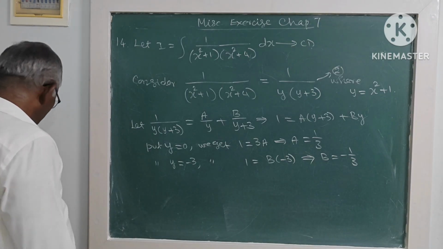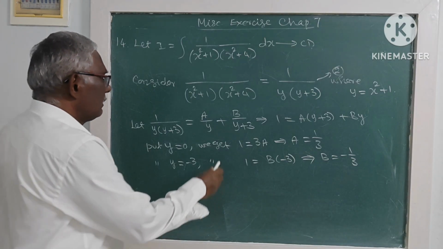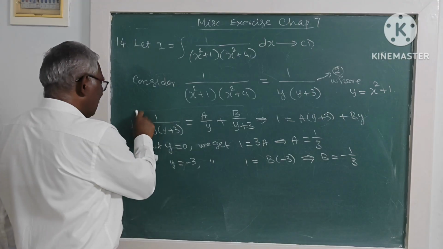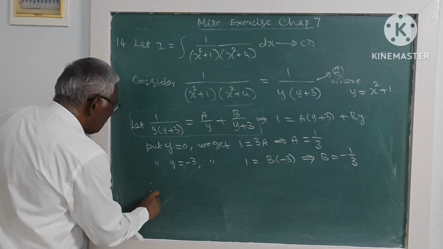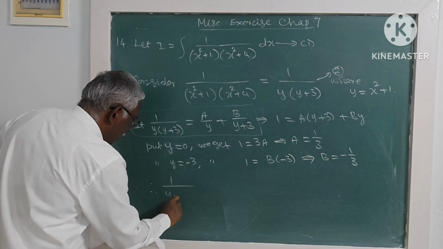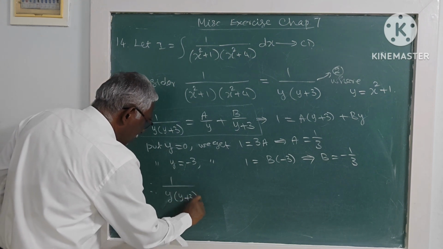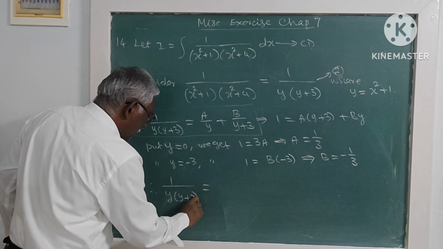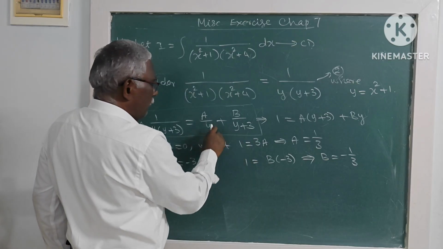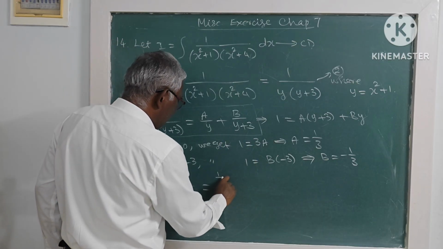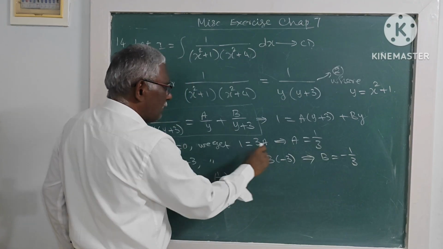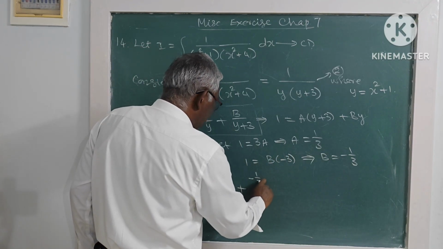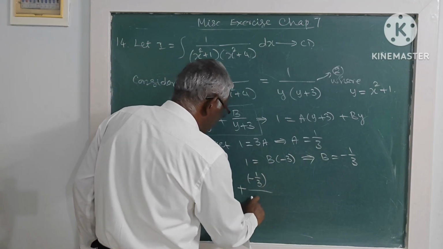Now this equation becomes, therefore, 1 over y into y plus 3 is equal to a by y, so 1 by 3 by y, plus minus 1 by 3 times y plus 3.